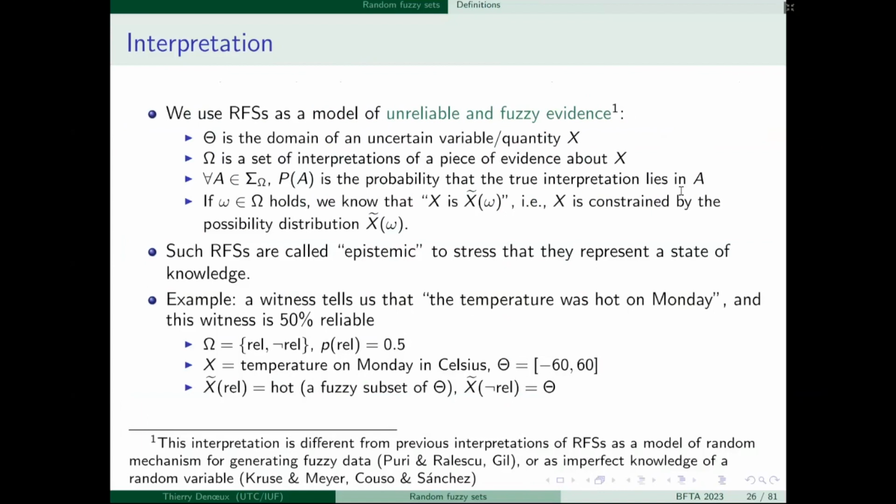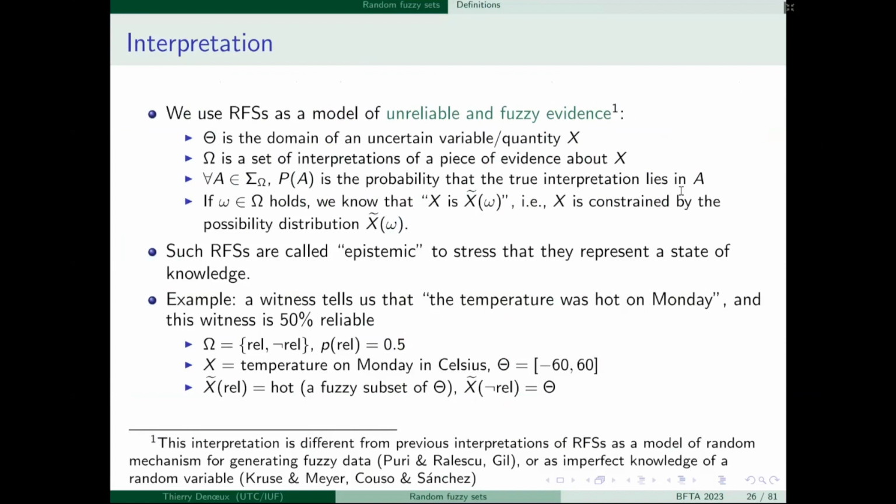X is the temperature on Monday in Celsius with that domain, and the image of reliable is a fuzzy set that describes the notion of hot. It can be that fuzzy set I showed you before, and the image of not reliable is theta. It means if the witness is reliable, tells the truth, then we know that the temperature is hot, and so the value of x is constrained by this corresponding fuzzy set. If the witness is not reliable, we don't know anything.